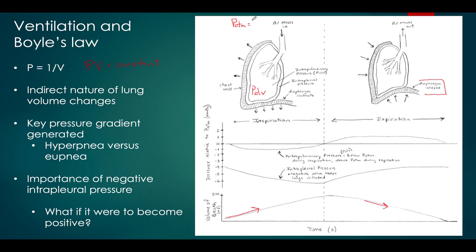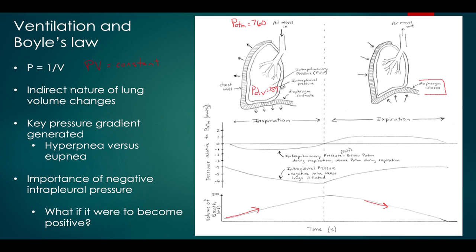And if you were at sea level, it would be about 760 millimeters of mercury, right? So, that's fairly constant, right? That's not changing unless there's a hurricane coming. And as you inspire, as you increase the volume of this pleural cavity and therefore the lung itself, this alveolar pressure will fall. In this phase, the alveolar pressure is going to equal about 759 millimeters of mercury.